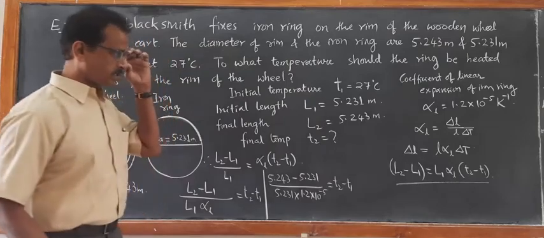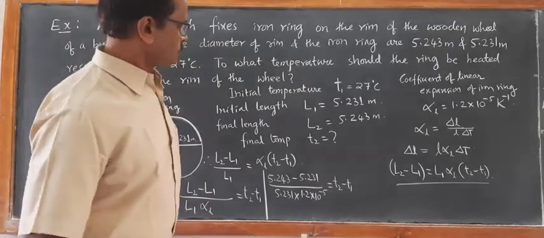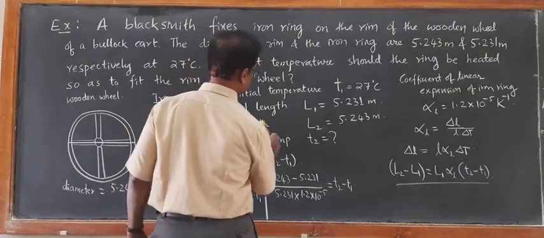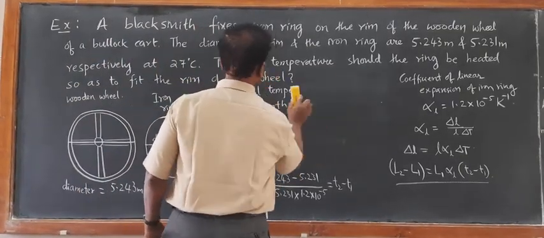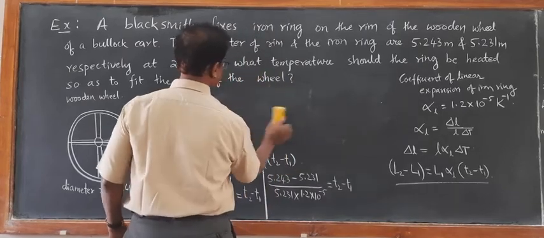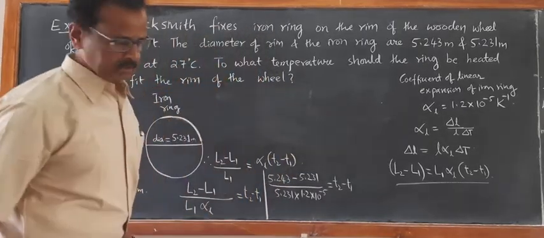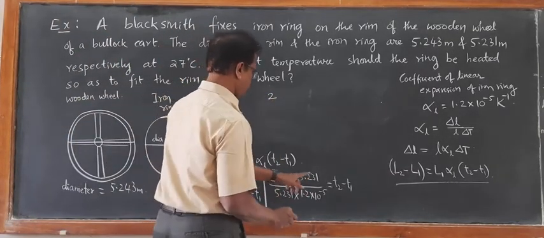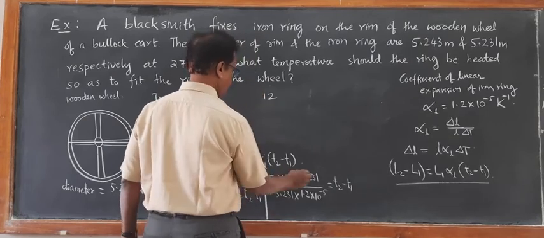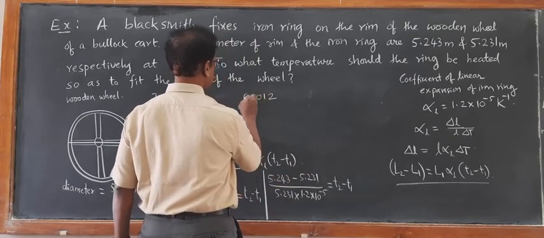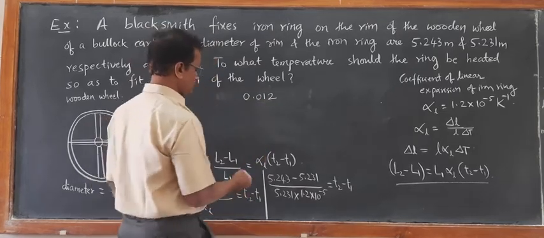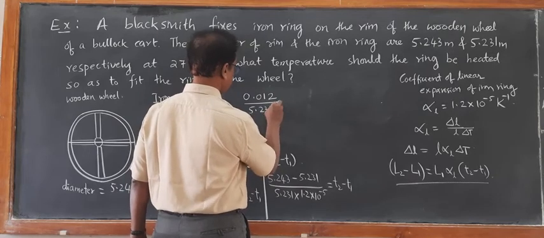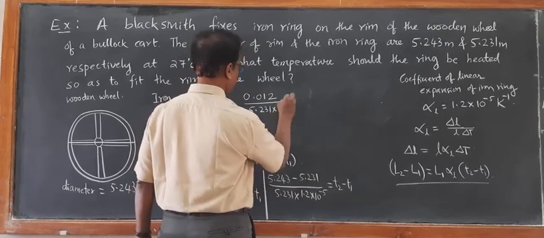So now we take the difference: 3 minus 1, 2; 4 minus 3, 1; 2 minus 2, 0. So 0.012 divided by 5.231 into 1.2, 10 raised to minus 5.